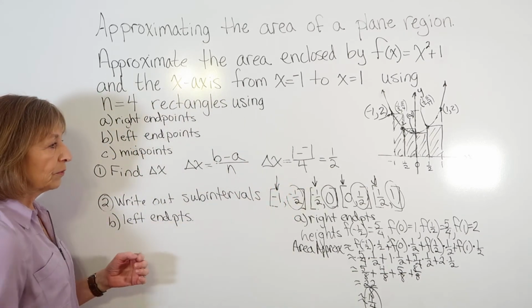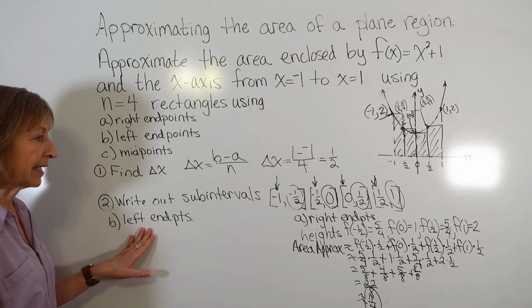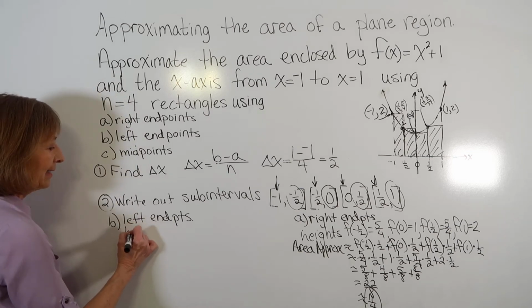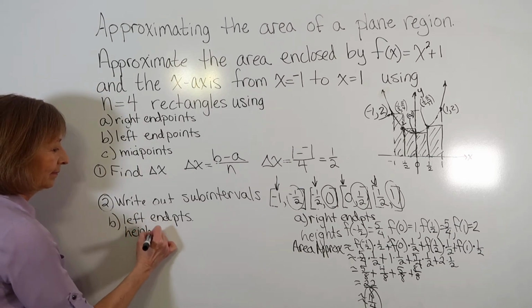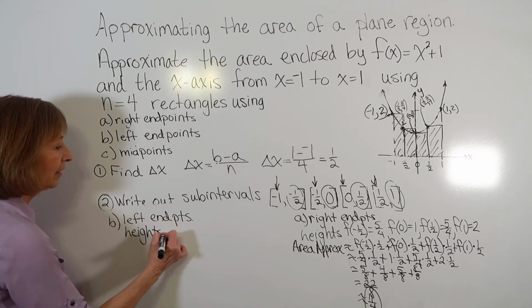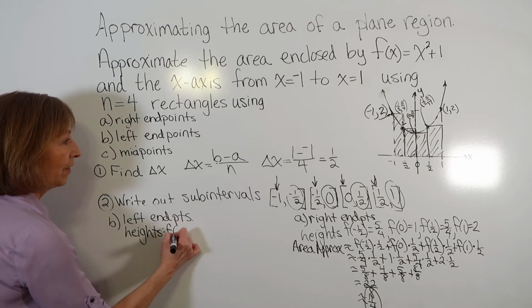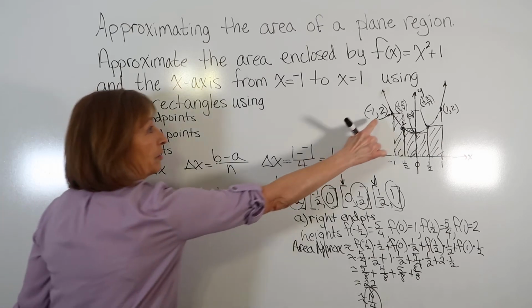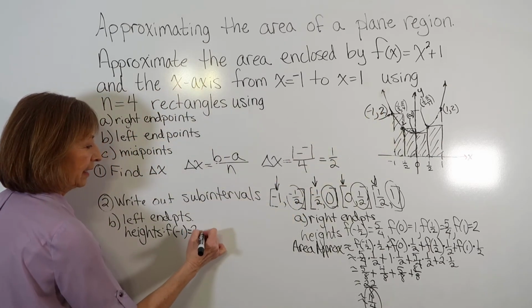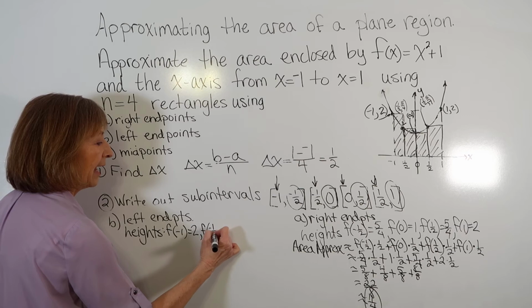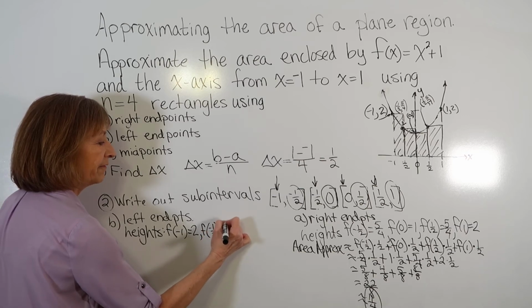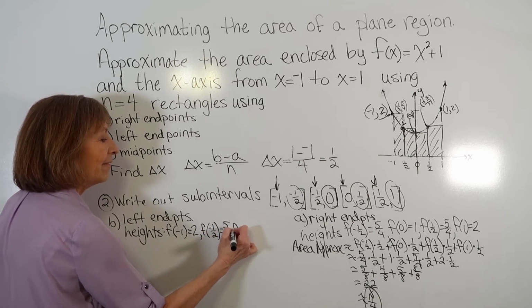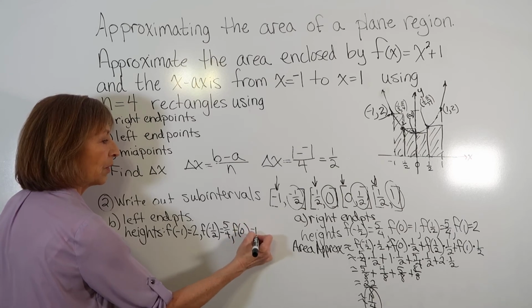Now the arrows are the ones we're looking at. We want to do our left endpoints. Our heights are f of -1, which came out to be 2. f of -1/2, which came out to be 5/4. f of 0, which is 1.